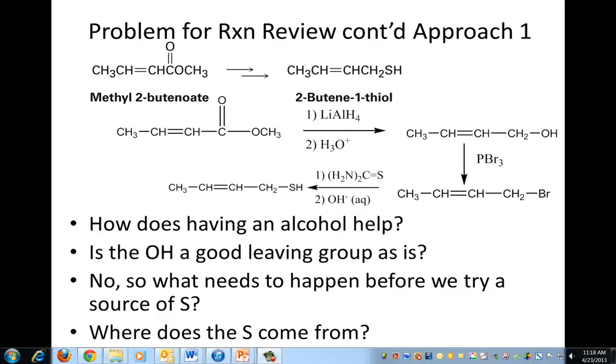Okay, so when you go through these kind of problems, synthesis problems, where you start depends on how you feel about things. So I thought it might be instructive to try this problem a different way. I'm trying to help you see how to think about things. In this case, we started from the ester and thought about what we knew about esters, and then we proceeded.